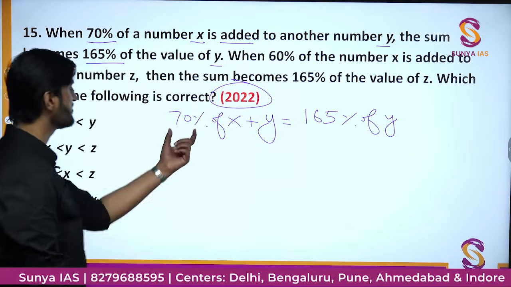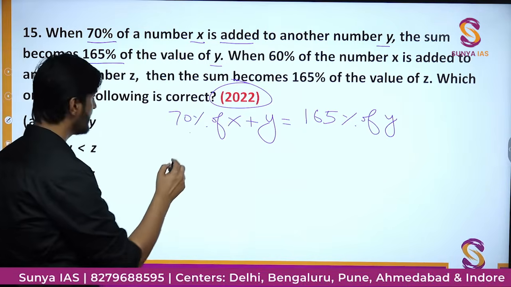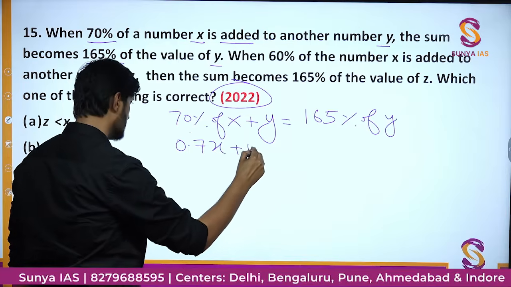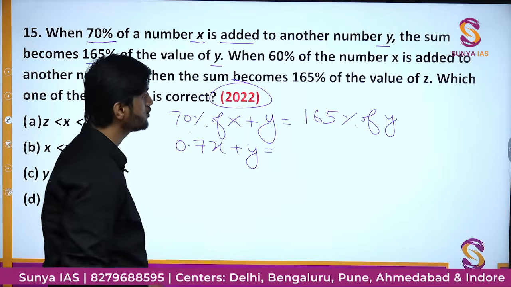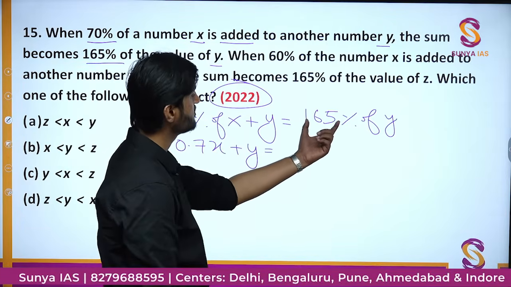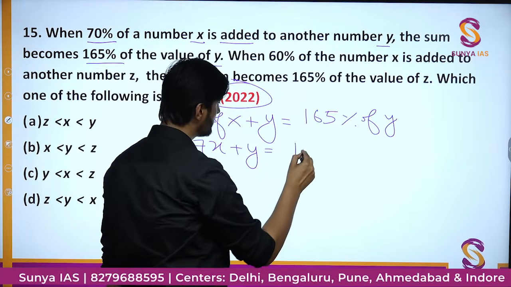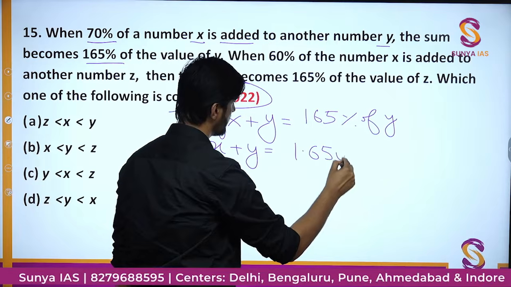How do we represent 70%? Just divided by 100, we get 0.7 times x plus y is equal to how much? So 165% would be nothing but 165 divided by 100, that would be 1.65 times y.